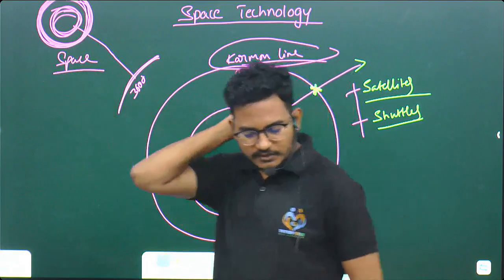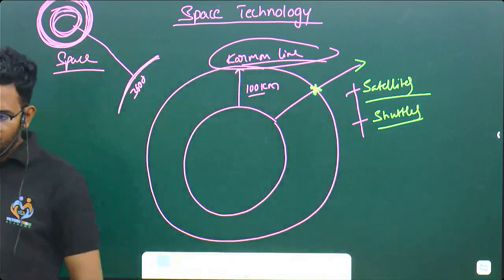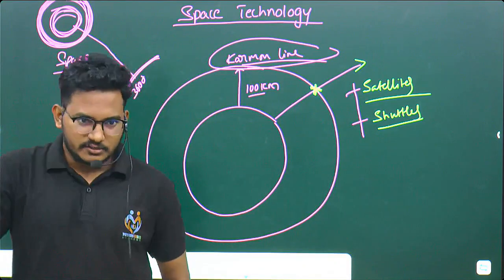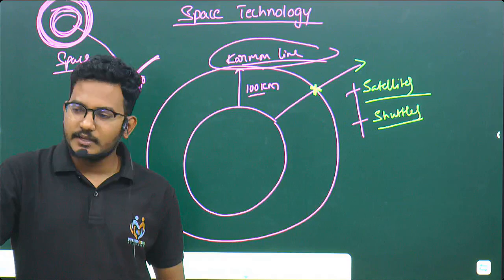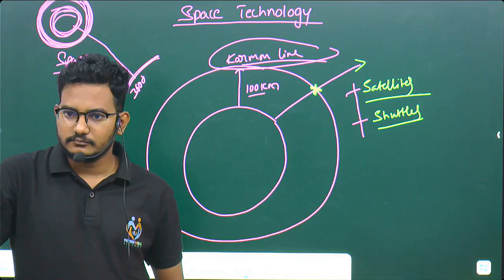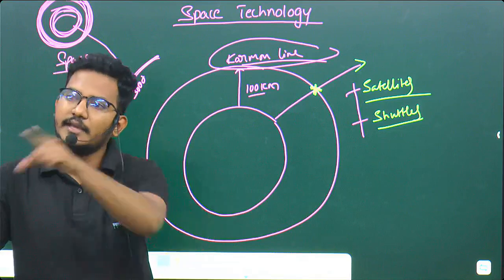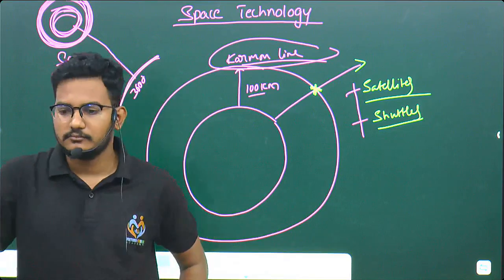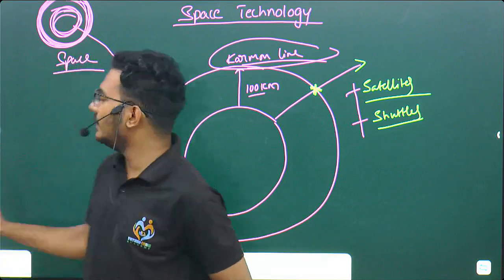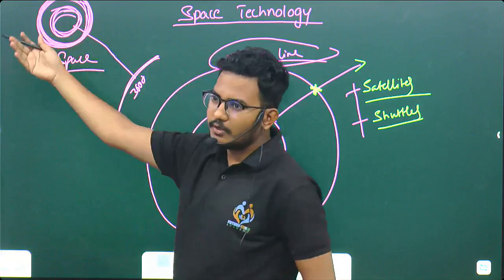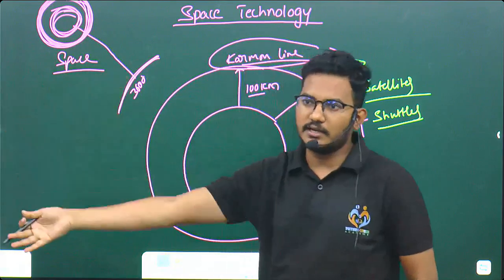Now read the definition of this satellite associated with the orbit. I have told you earth or any other object. So here any other object is your moon, maybe your Mars, maybe your sun, anything.